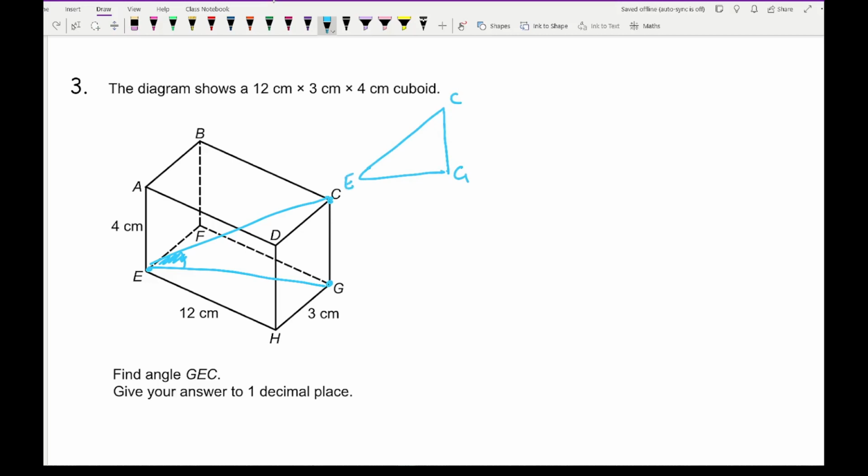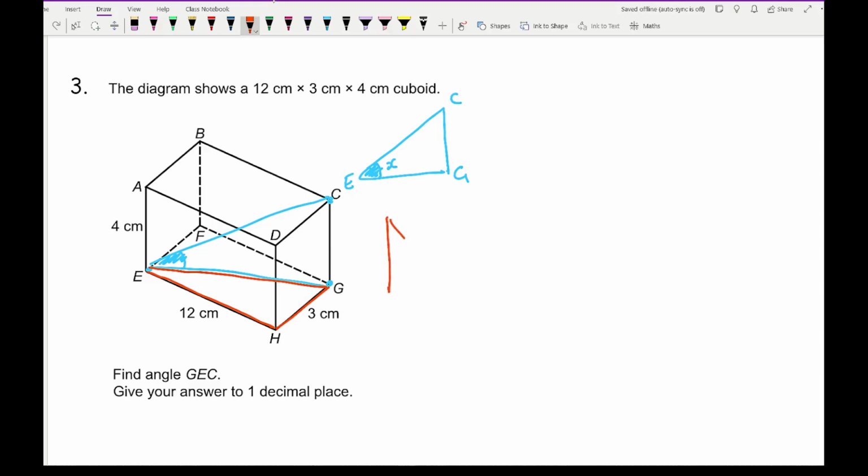Now from that triangle, I know absolutely no lengths of that at all, but this is the angle that I need to find. So let's just call that X. So I need to find what E to G is and C to G is, or find out what E to C is. I need to find two sides of that right angle blue triangle. So looking at this, then if I can see that this here makes a triangle with two sides that I know.